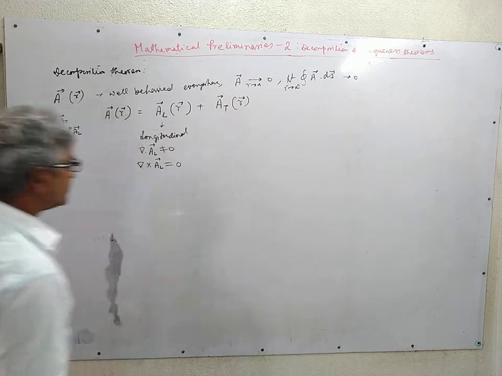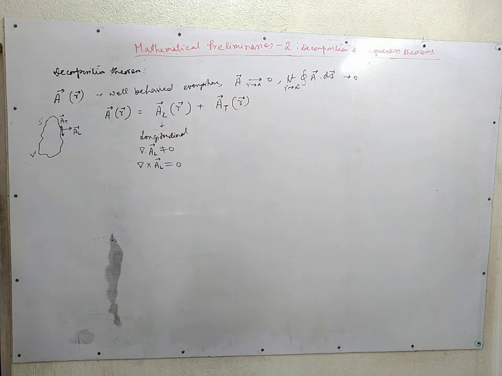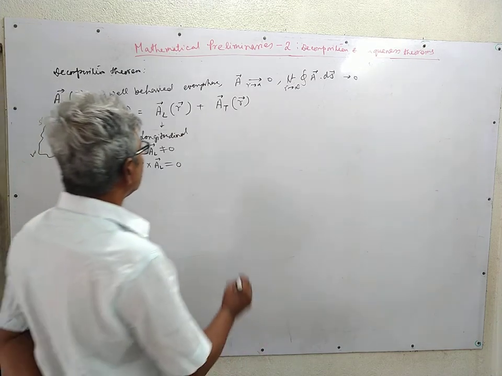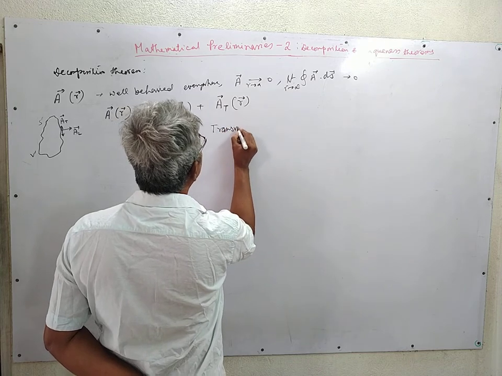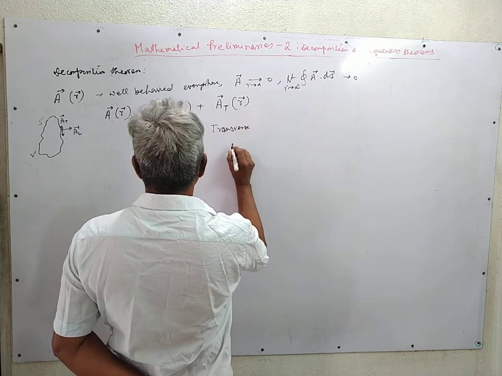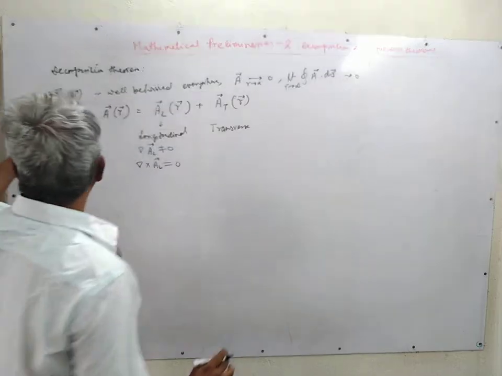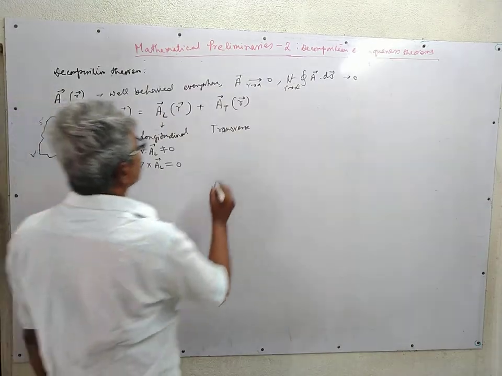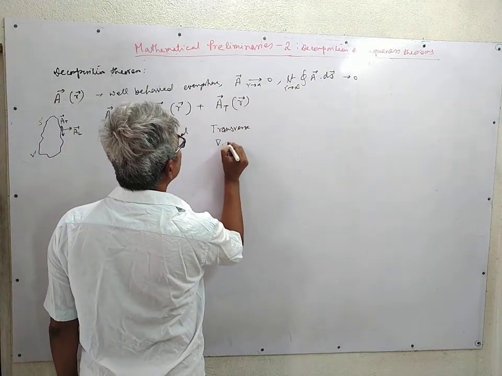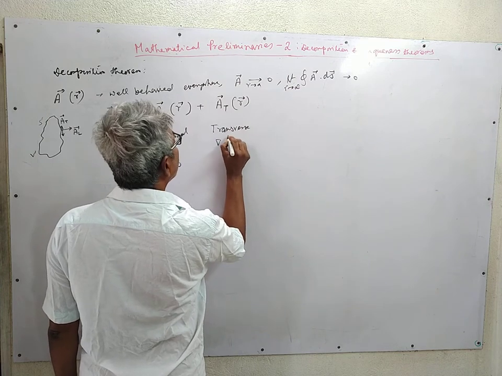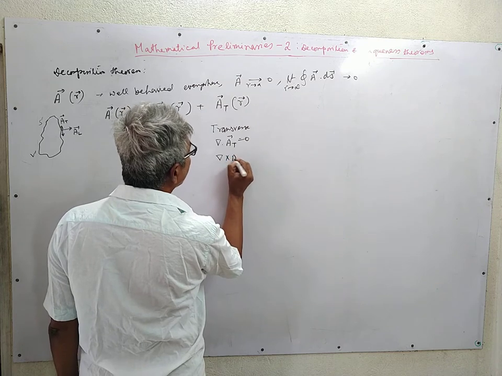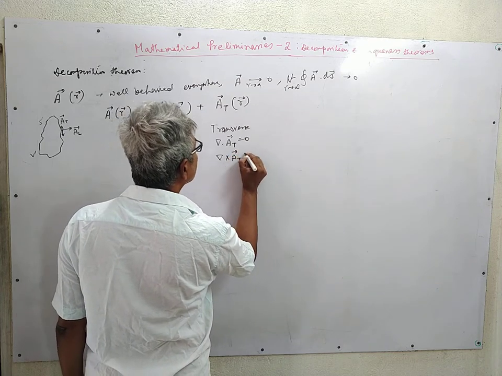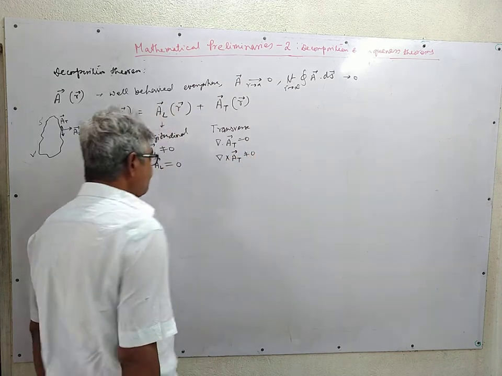And for the transverse component, since it is along the transverse direction, it has nothing to flow out, so divergence of A_T is equal to 0 and curl of A_T is not equal to 0.